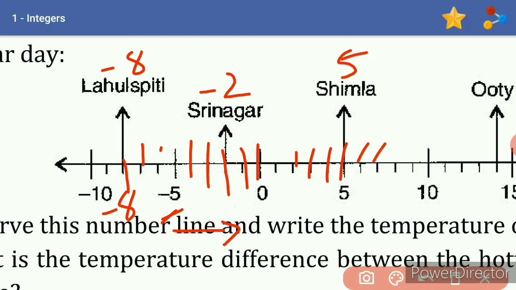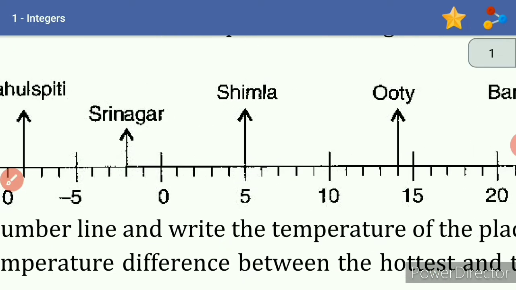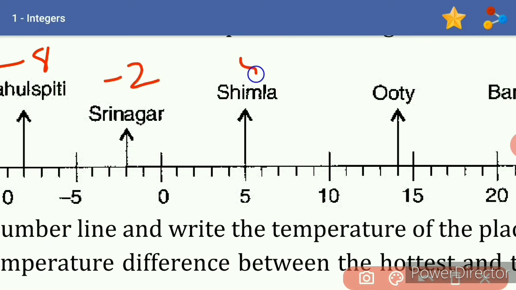In the same way 6, 7, 8, 9, 10, 11, 12, 13, 14. So the temperature of Ooty is 14 degrees Celsius.